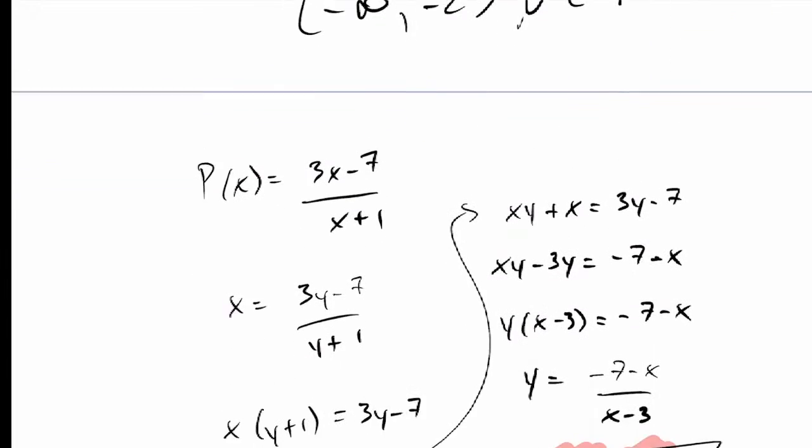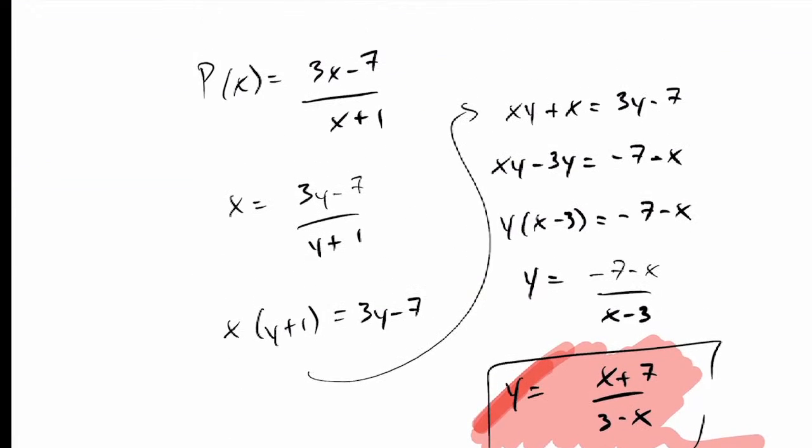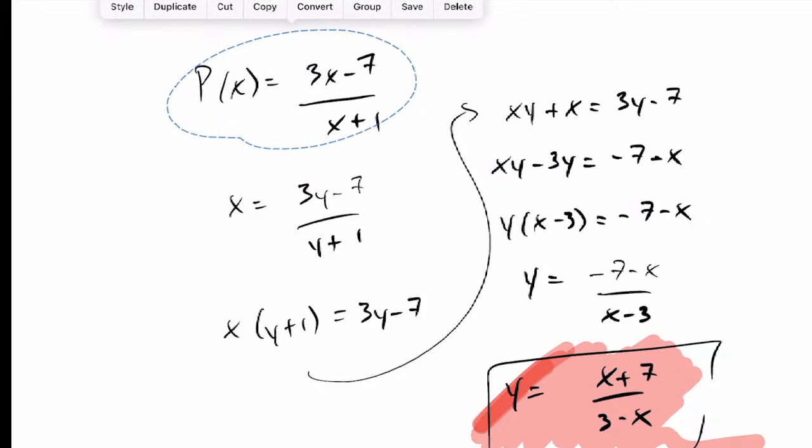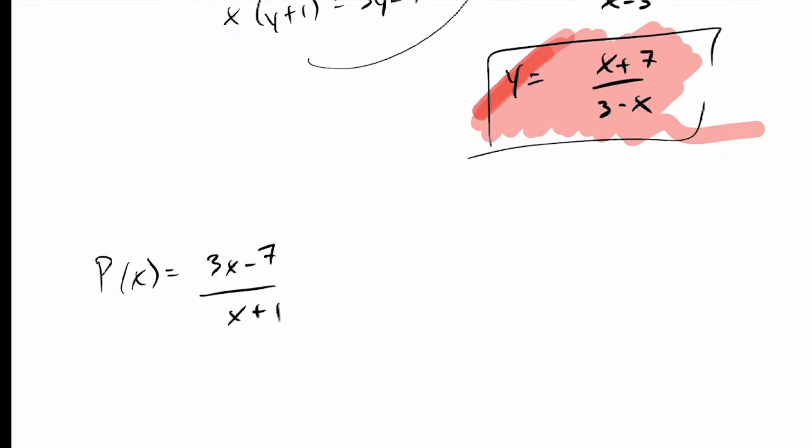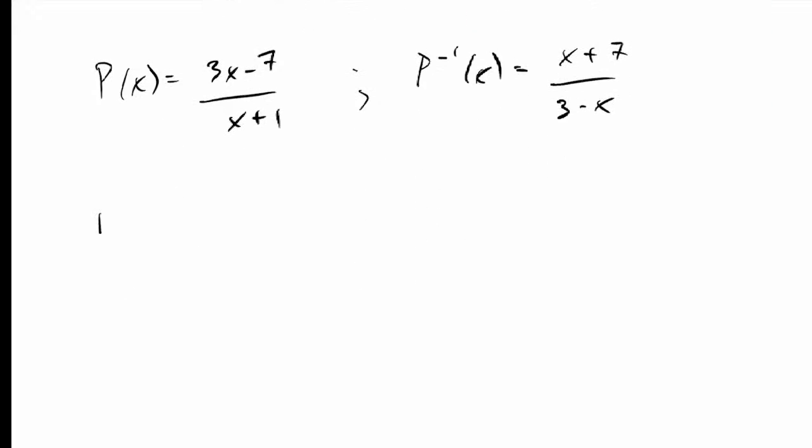Prove it, eh? Okay, so I've got my function p, and I got the function p inverse at x. So I just want to show this is equal to x. They call that the identity function.